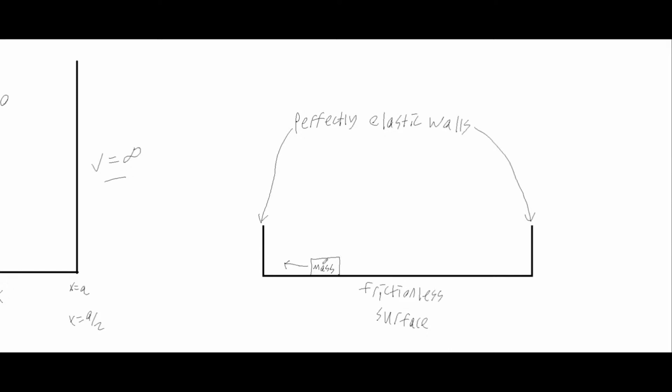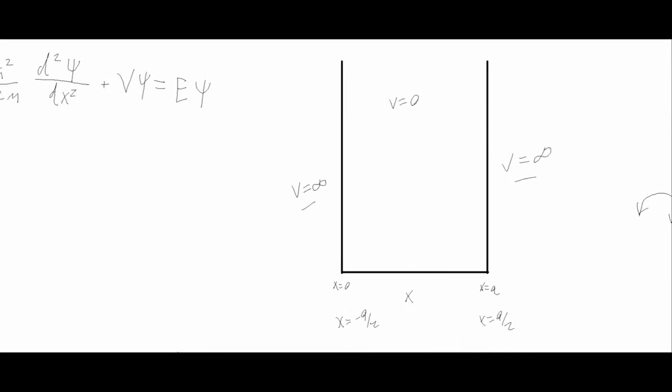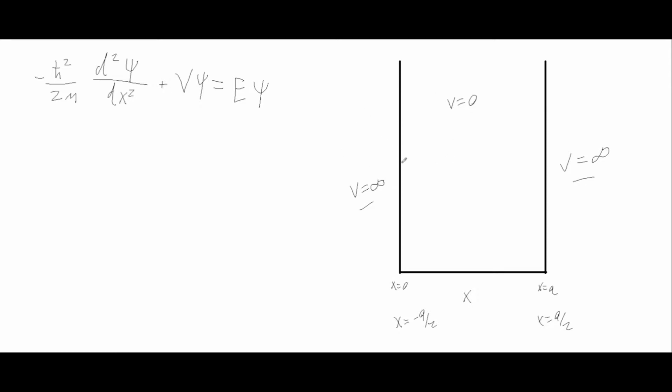We can have a mass here, and if we set it bouncing, it'll keep bouncing for eternity. And when we say that it's infinite, we're essentially saying that no matter how much we start moving this mass, it's never going to get up and out of this box.